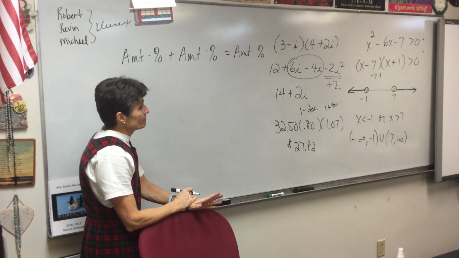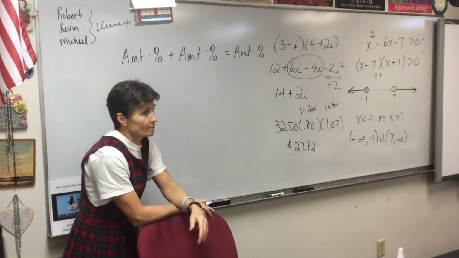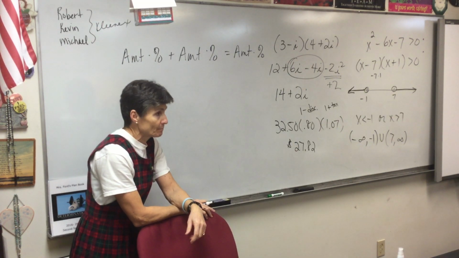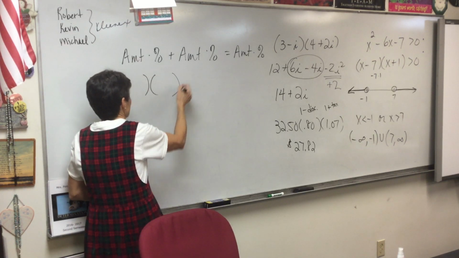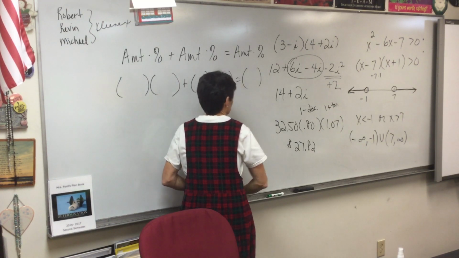So I didn't even waste any time at all. I wrote down my general formula: amount times percent plus amount times percent equals amount times percent. So now I'm going to fill in, there's 6 blanks in the formula, and I'm going to fill them in now.